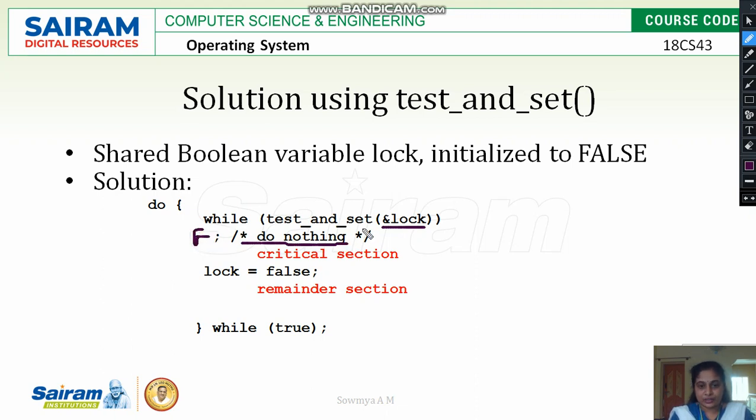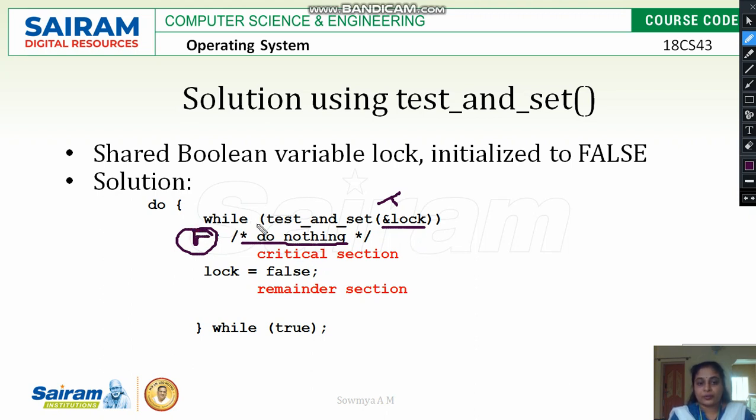If the target value is false, the parameter is then set to true. As long as the returned value is true, the loop will not proceed. If it is false, then you can enter the critical section.